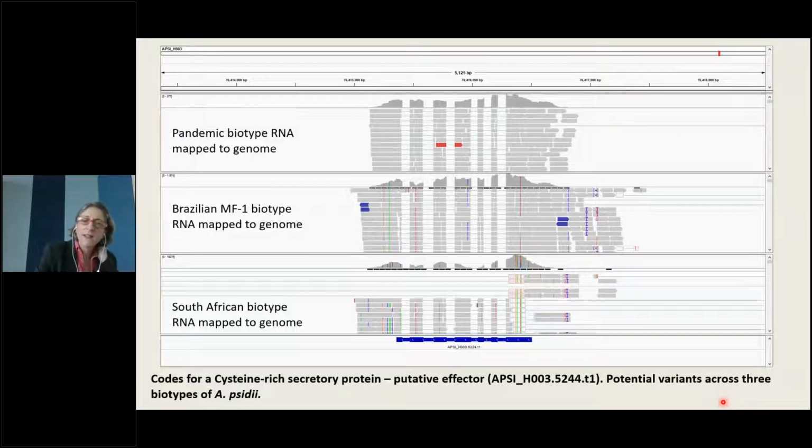When I mapped the RNA from those 3 different biotypes to our pandemic genome, this is one of the putative effectors, the genes that manipulate the host to parasitize. This shows some SNPs and some variations. This is the RNA from the South African one mapped to the pandemic genome, this is the Brazilian, and this is the pandemic RNA mapped to the genome, so it matches fairly well. So we are seeing some variation there.